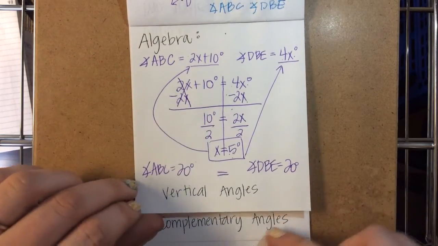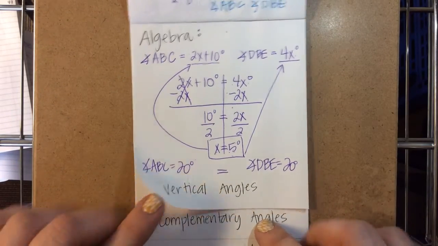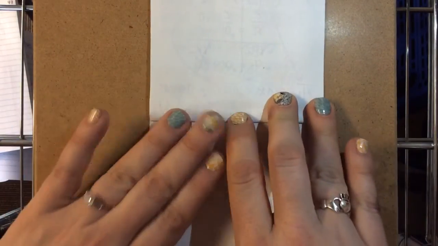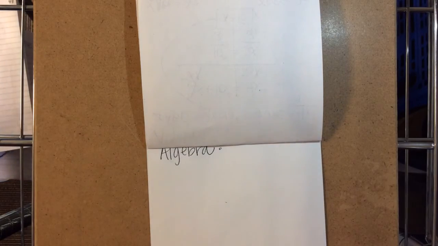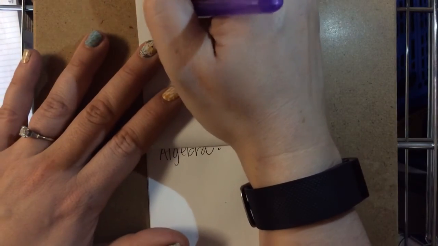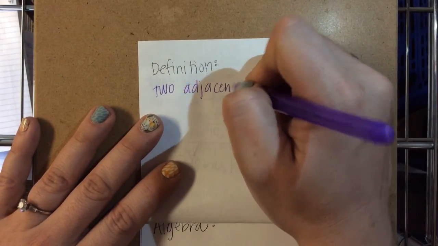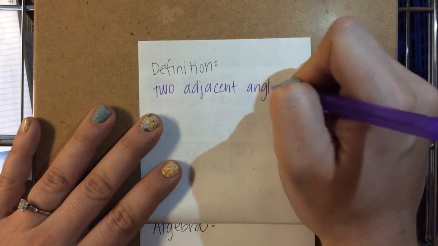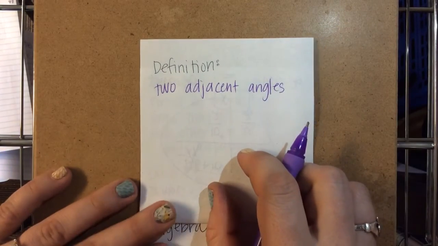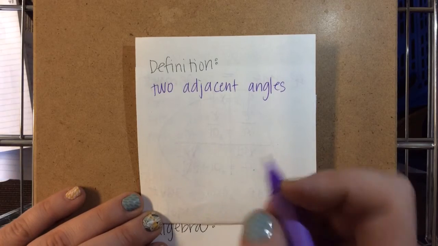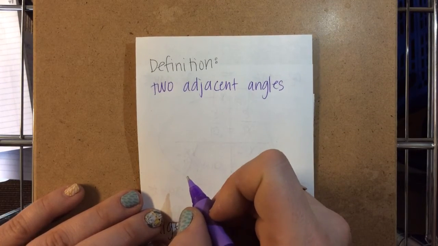So now let's go to a different type of angle. Complementary. Complementary angles are two adjacent angles. What does it mean that they're adjacent? That means they share a side.